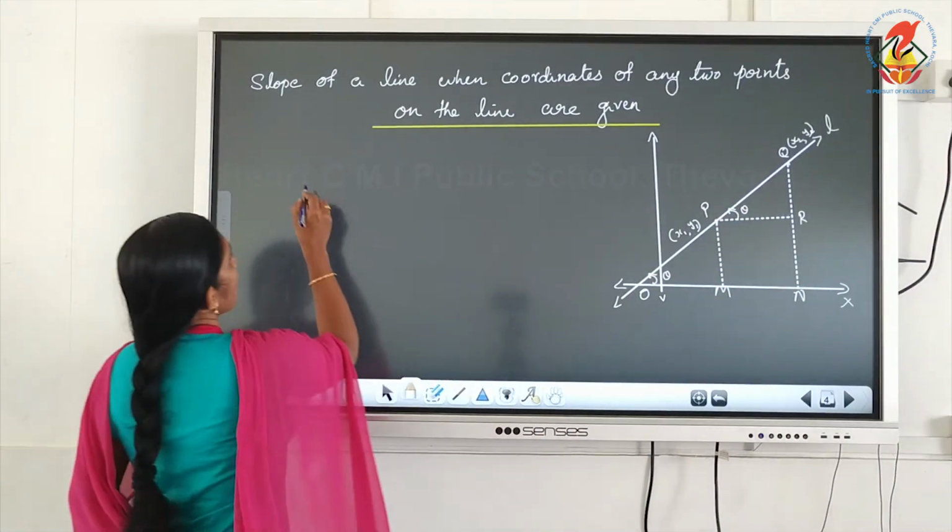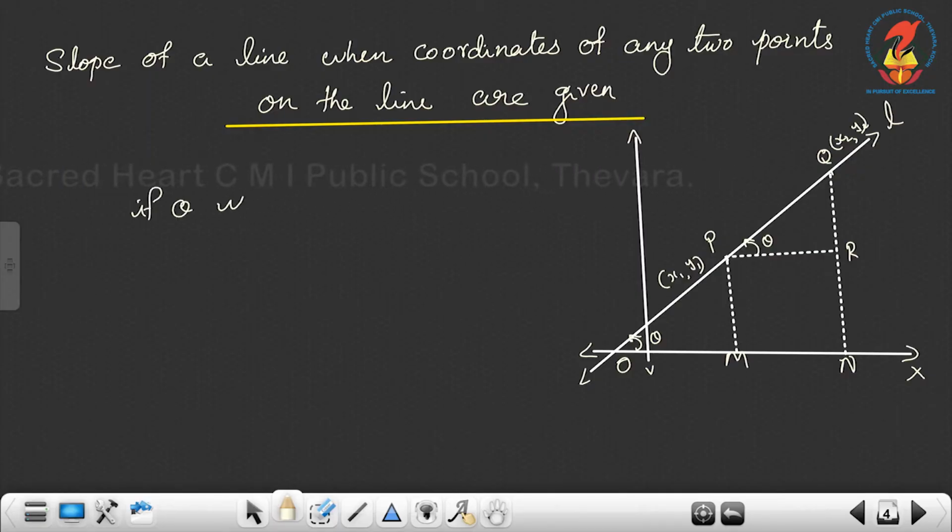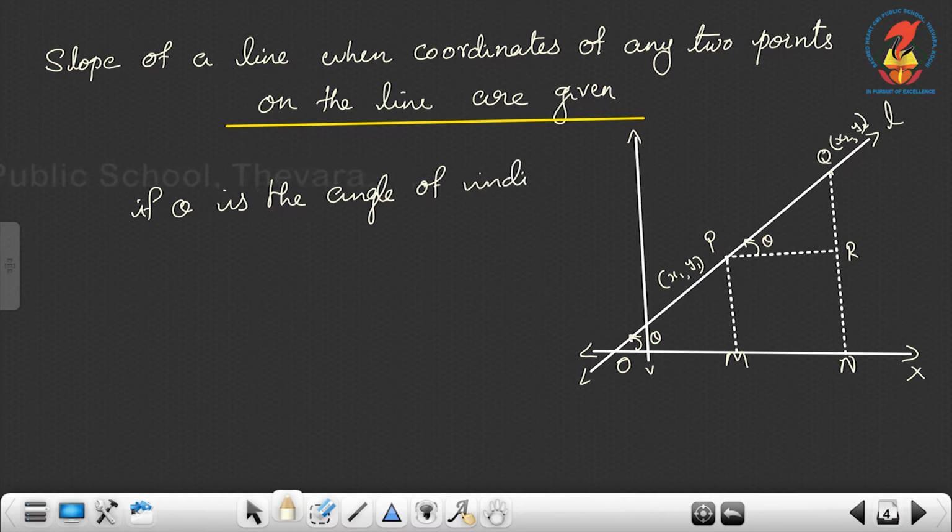Okay. So if theta is the angle of inclination of L, then m is equal to tan theta. Slope is tan theta. Now we have to connect this to the coordinates.